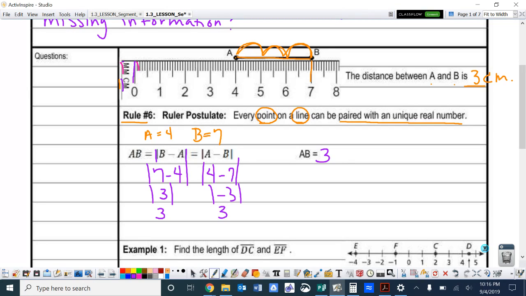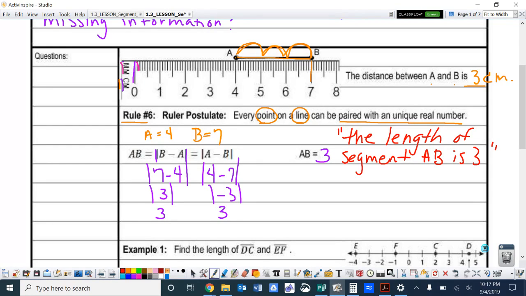You might notice something different. You might notice that we're missing the segment line on top. So this is red. The length of segment AB is 3.